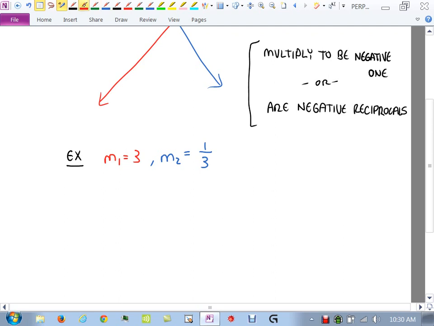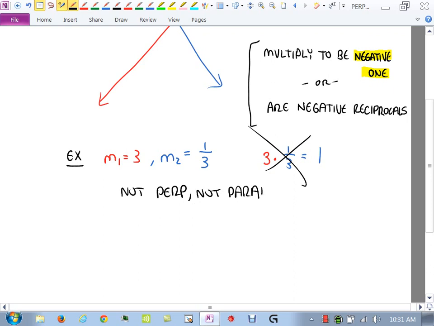Let's check. What's 3 times 1/3? That's 1. What does it have to be? I said 1 earlier, but I corrected myself. It has to be -1 if we multiply them together. Is it -1? No. They are not perpendicular. If they're not parallel and not perpendicular, we say they're neither parallel nor perpendicular. You can have two lines be neither, and that's perfectly fine.